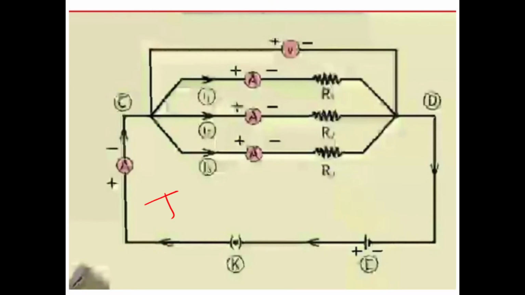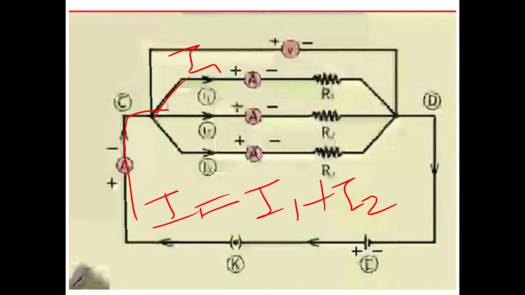So my I, which is this current, is equal to, say this is I1, plus the middle part is I2 and the last part is I3. Is this part clear? That I is equal to I1 plus I2 plus I3.